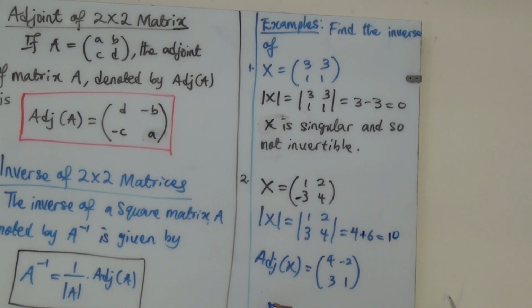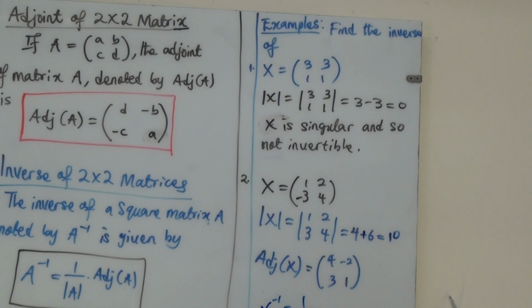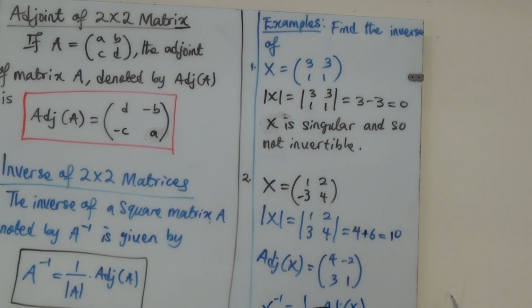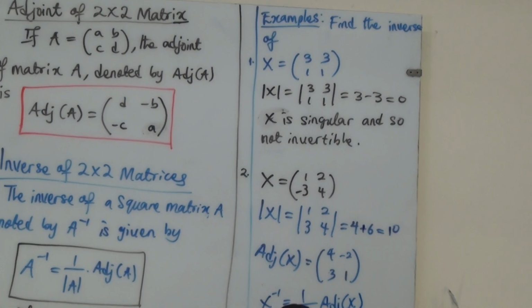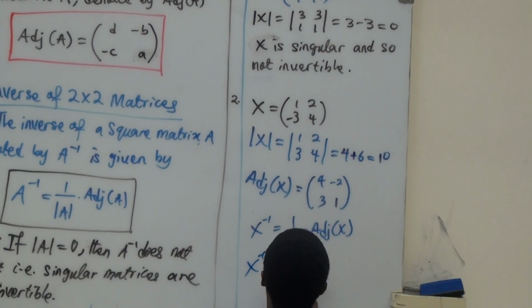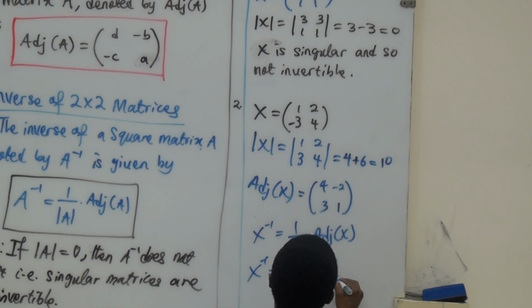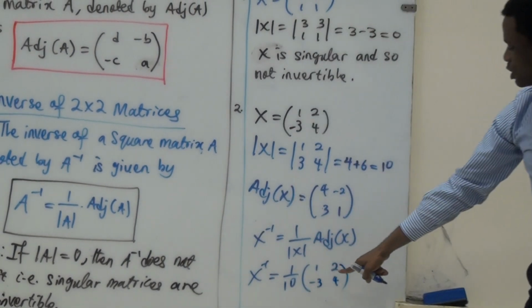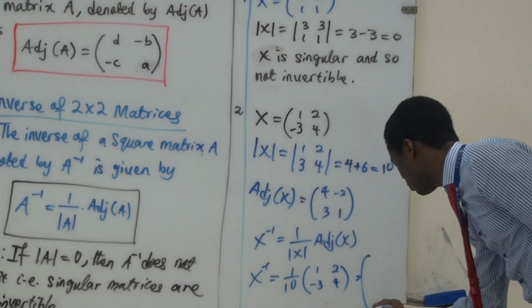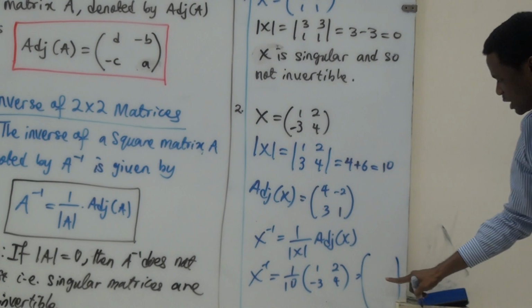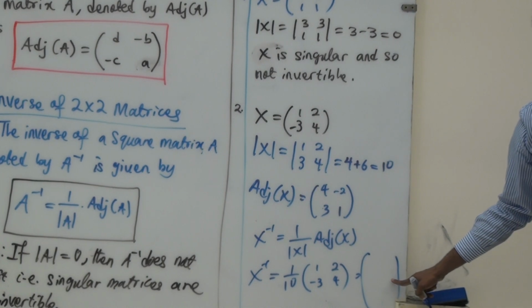So, X inverse, which is 1 over the determinant of X. Can you see what I did? I'm writing my formula all through. That's how you can remember stuff. You write it always. 1, 2, negative 3, 4. Sometimes you can leave it in this form, and sometimes you put it in fraction. It's allowed. So 1 over 10, 2 over 10, minus 3 over 10, 4 over 10, which is 2 over 5.